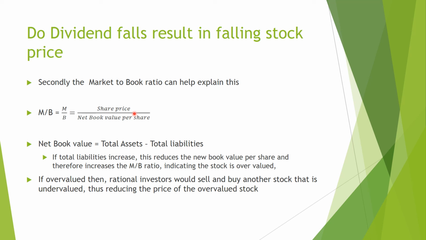Again, the firm could increase dividends artificially to try to incentivize investors. However, the stock value could actually fall, because investors see that this company probably cannot carry on with those dividend payments.